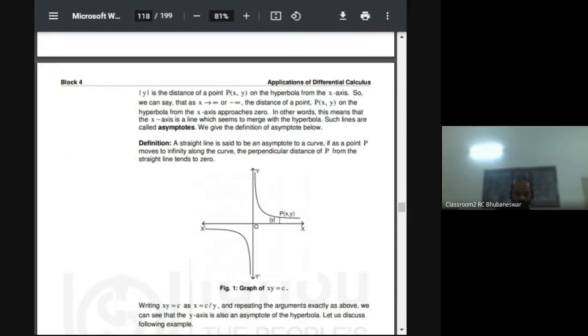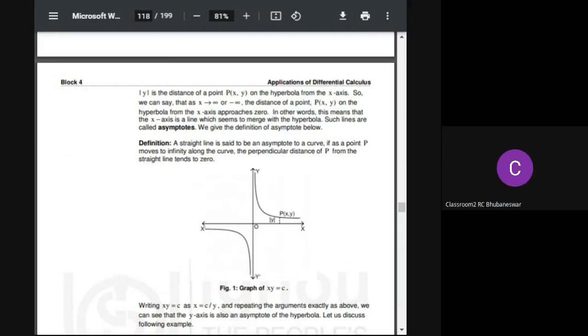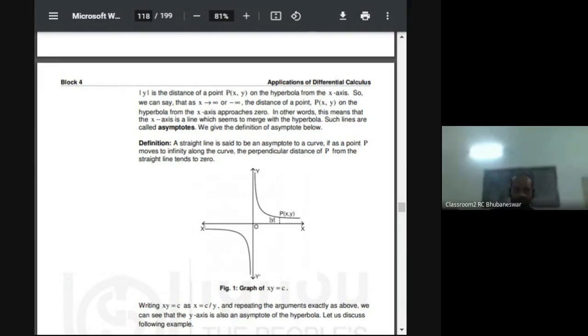The curve is gradually decreasing towards the x-axis, and we very clearly find that the difference between the curve and the x-axis is gradually decreasing, and it will be zero at infinity.